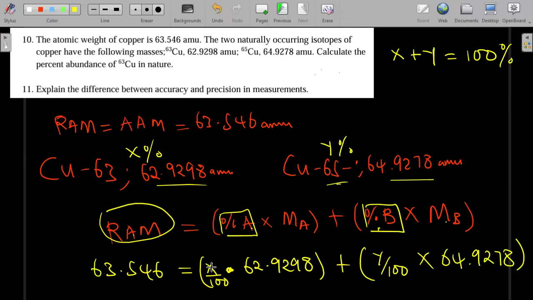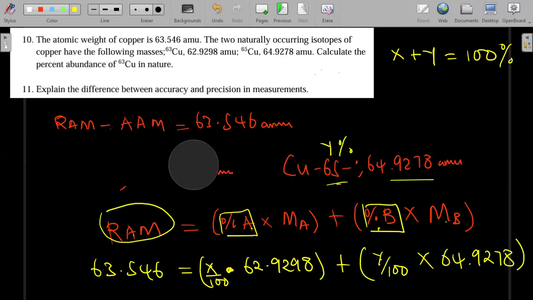I want to find my X and this Y, so how can I do that? I'm going to erase the top part.